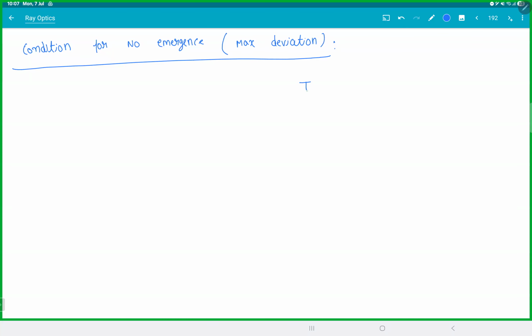I don't want you to remember the final formula. It's a little weird, but remember this thing. No emergence, matlab the angle of emergence becomes 90 degrees. Meaning it is almost at the verge of TIR. That's it. As long as you remember that, you can derive everything else.